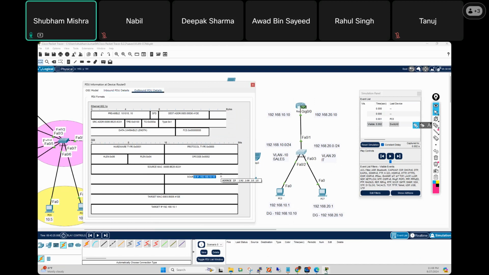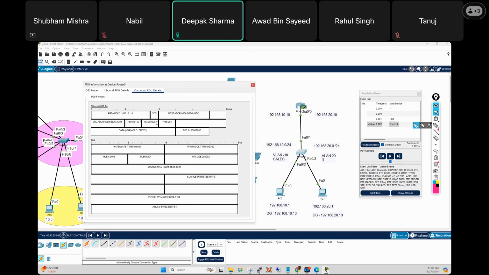It means the router, who will forward? This sub-interface will rewrite this packet and forward it towards where? What is the destination? Target 10.1. This is a reply. Are you getting my point? There is no change in the tagging. Yes or no?